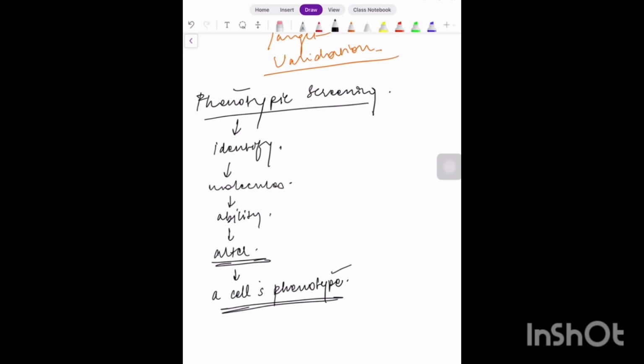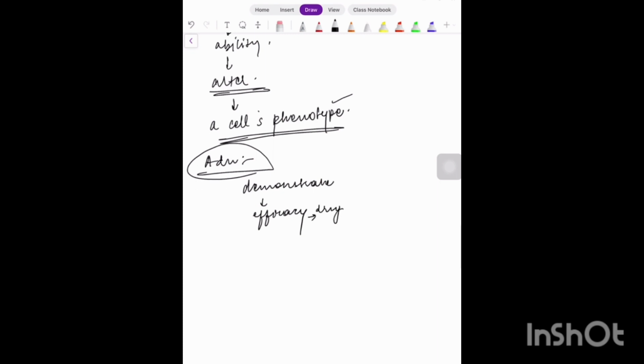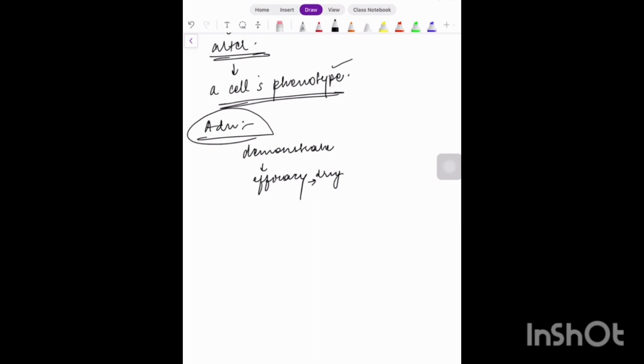The advantage over target-based discovery is their ability to demonstrate the efficacy of a drug in the context of a cellular environment. So the drug is acting on the target in its normal biological context rather than a purified target in a biochemical screening. So that is the major advantage.